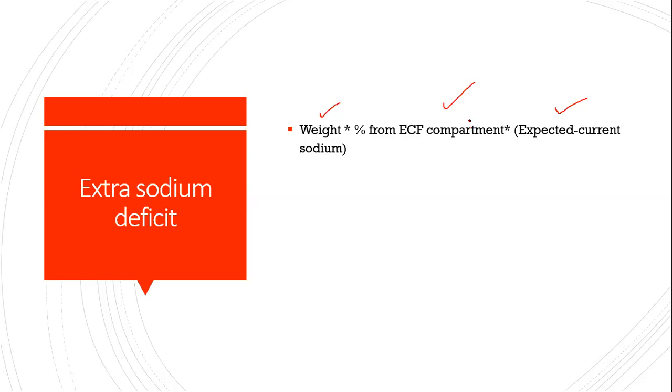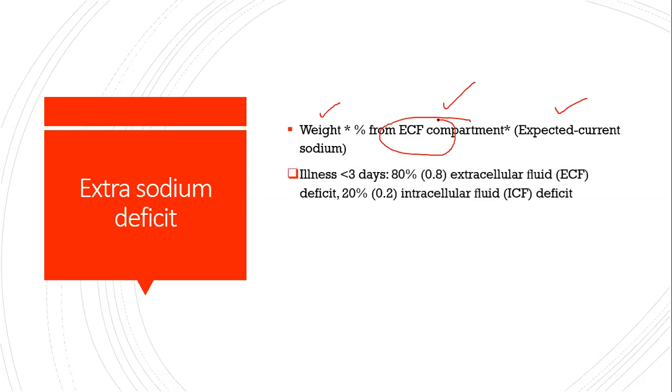Percentage of ECF compartment is important because this depends on the day of illness. Suppose illness is of 3 days duration, then the sodium loss will be 80% from the extracellular fluid compartment. If the illness is more than 3 days duration, 60% will be from the ECF compartment.